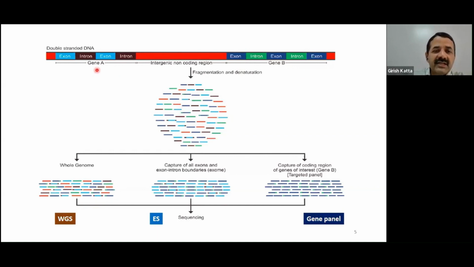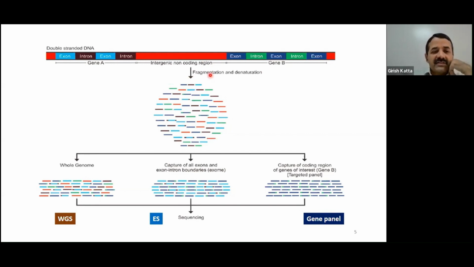You can see gene A and gene B written in two different colors for their exons. Light blue for gene A exons, dark blue for exons of gene B, and intronic areas are colored differently, and we have the red colored intergenic non-coding region. This is just the organization of the whole genome.